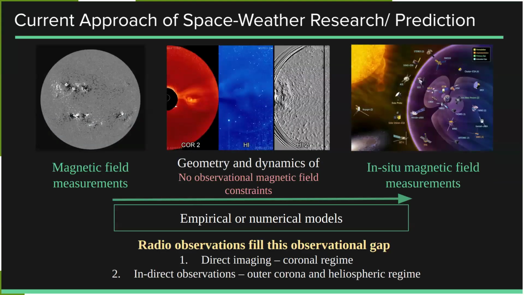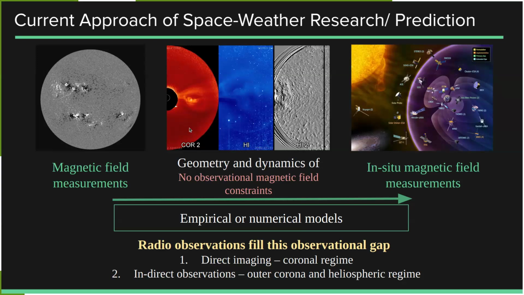Now, this is a brief overview of the current approach the space weather community is taking. We have magnetic field measurements at the photosphere and at lower coronal heights, and magnetic field measurements by in situ observations from different spacecraft near the L1 point or other vantage points in space.